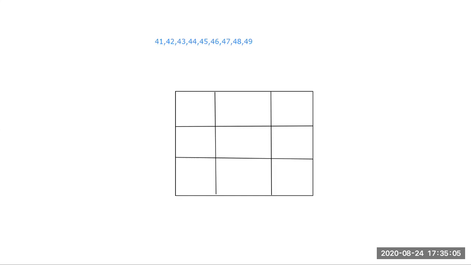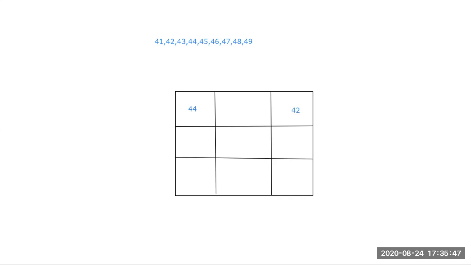The second and the fourth number, 42 and 44. Put the fourth one in the top left corner, in this case 44, and the second number, which is 42, put it in the right side.